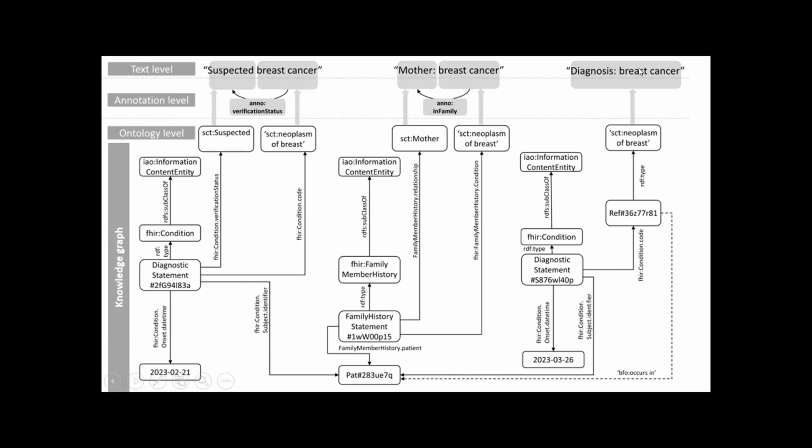And then here we have the simplest case, which has really a clear truth value. That means it's not suspected, it's not negated, and then we really instantiate it here. So it's really this diagnostic statement instance from the FHIR condition resource that is related to this instance of neoplasm of breast.